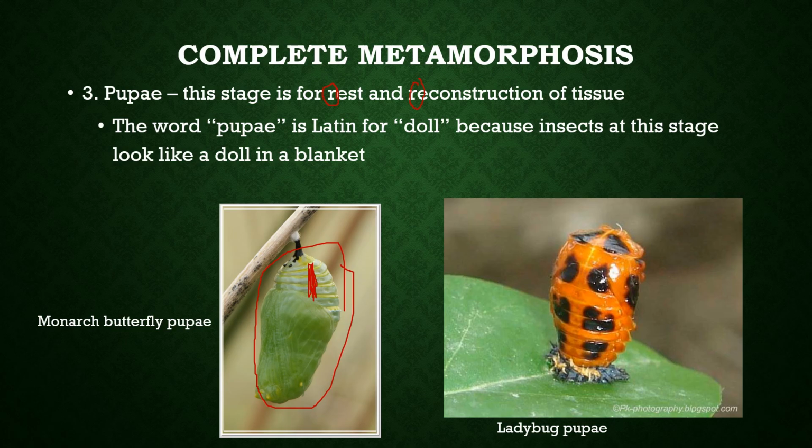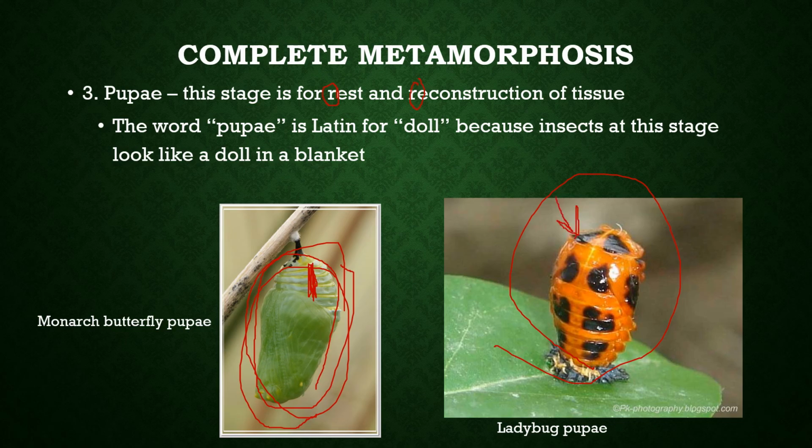And that enzyme works throughout the chrysalis or the cocoon or the pupa to break down the organism as if it's digesting itself. It breaks it down into the molecules and cells that it's made out of, into like a molecule soup, so to speak. And then it rebuilds itself back into whatever the adult form of that organism is. Same thing with the ladybug pupa. Any pupa, really, in this stage releases a digestive enzyme.